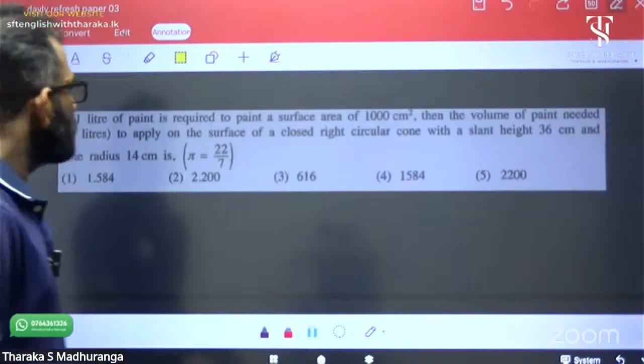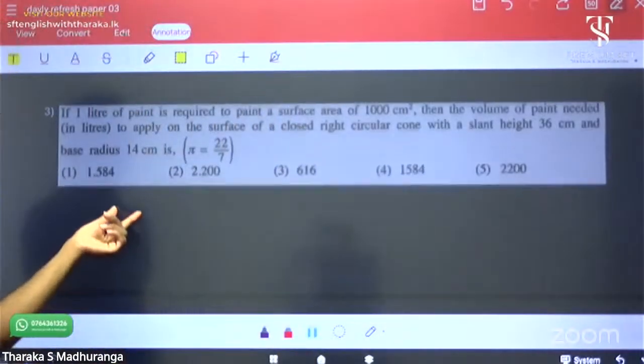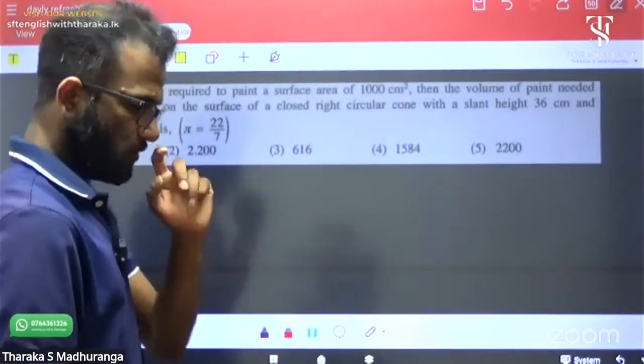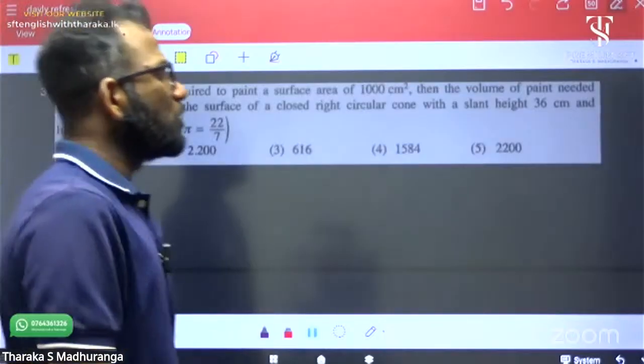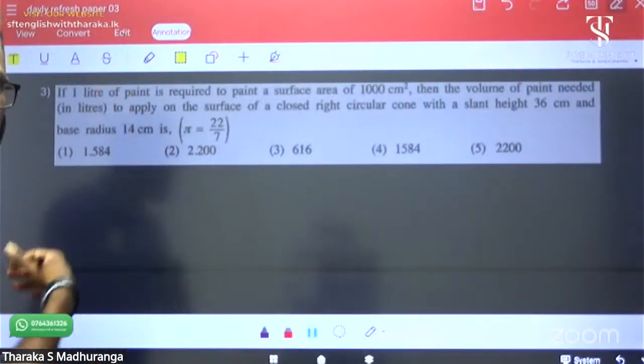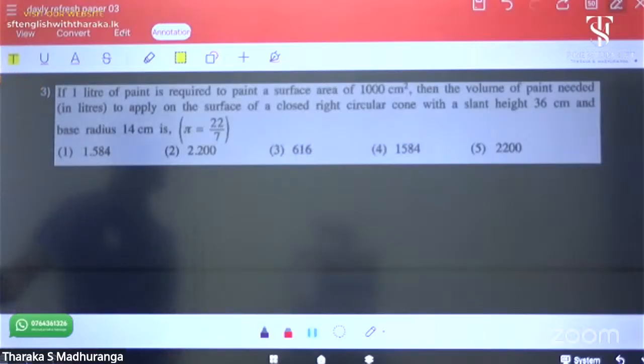Okay, if 1 liter of paint is required to paint a surface area of 1000 square centimeter, then find the volume of paint needed in liters to apply on the surface of a closed right circular cone with a slant height 36 centimeter and base radius 14 centimeter.